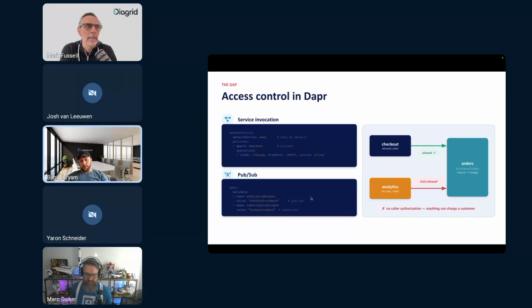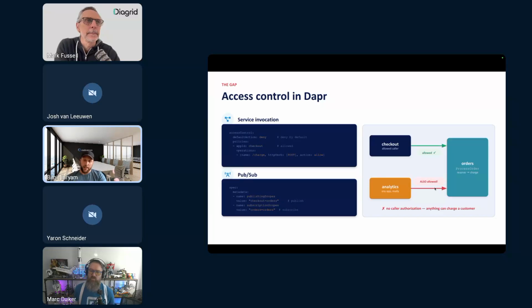Talking of different protocols, Dapr lets you connect distributed applications, and there is the service invocation protocol for synchronous request-reply style interactions, and there is PubSub for asynchronous interactions. For the example application I'm going to use as a demo here, I have 3 applications: a checkout service that's calling the order service, which is meant to be allowed, and an analytics service that's not meant to call the order service.